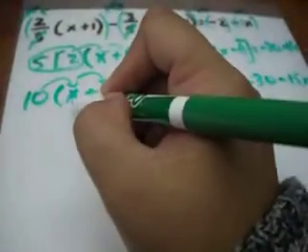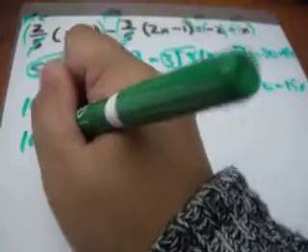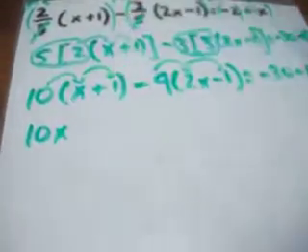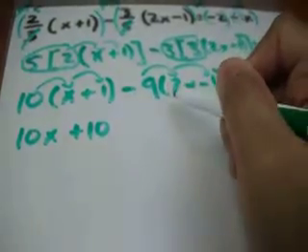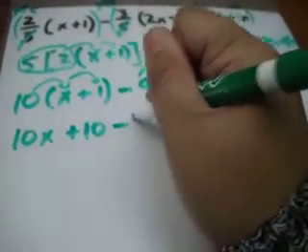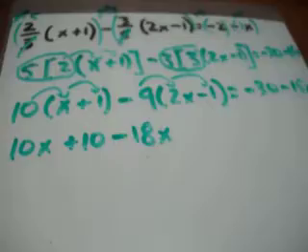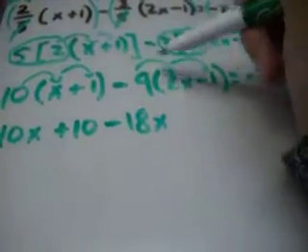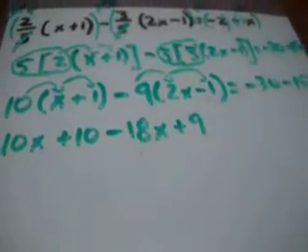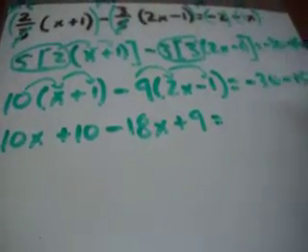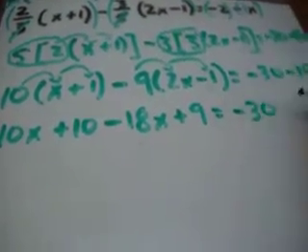So 10 times x, well, that's just 10x. 10 times 1 is 10. -9 times 2x, that's -18x. -9 times -1, that's +9, equals what's left on the right hand side. We haven't touched this yet.